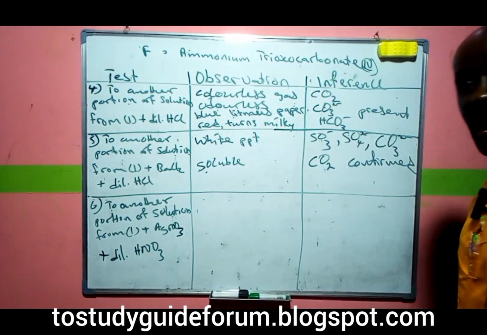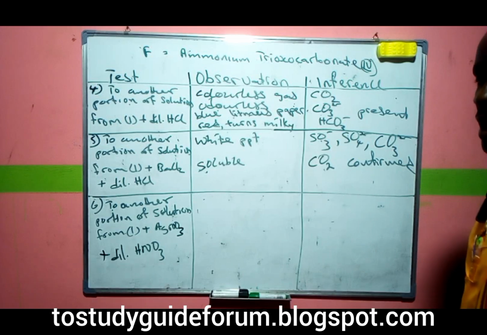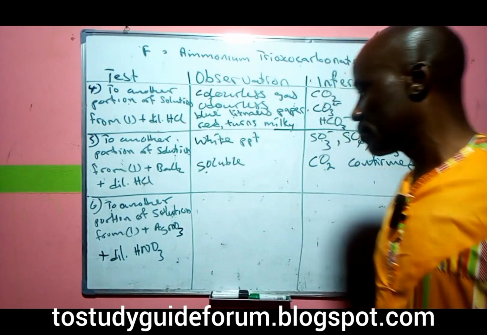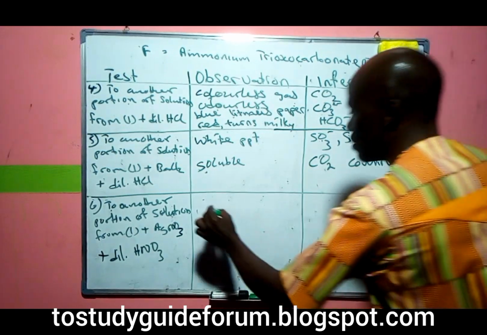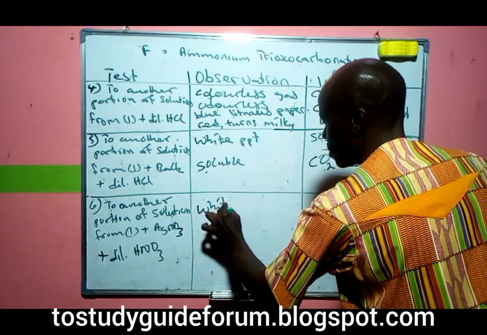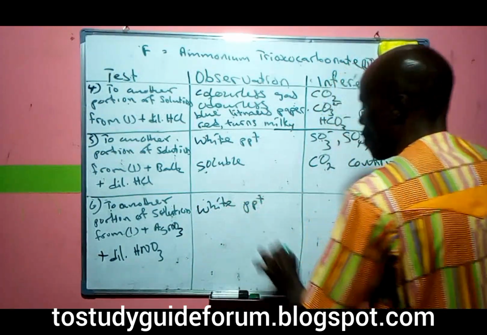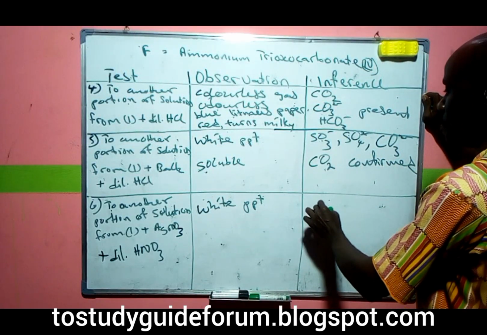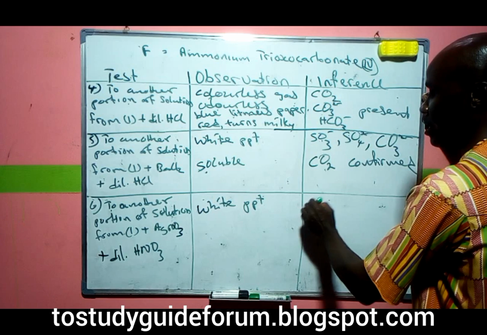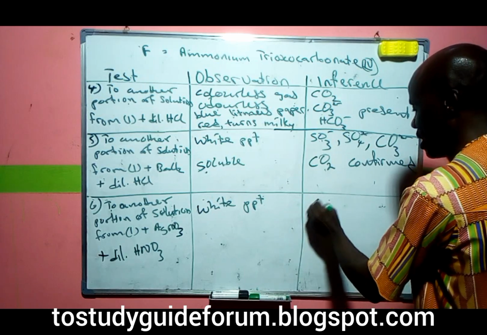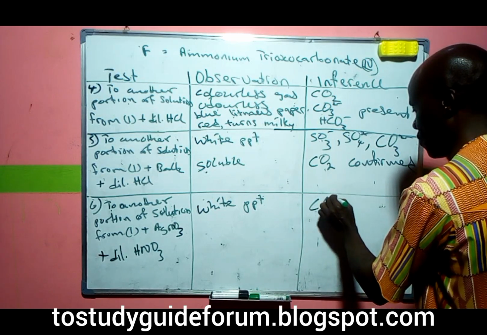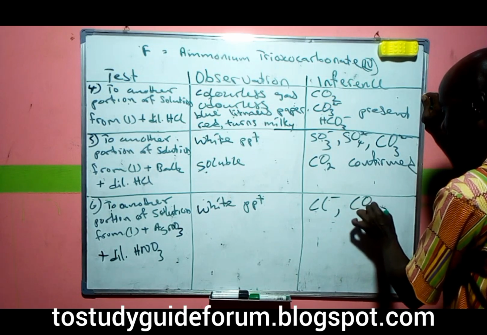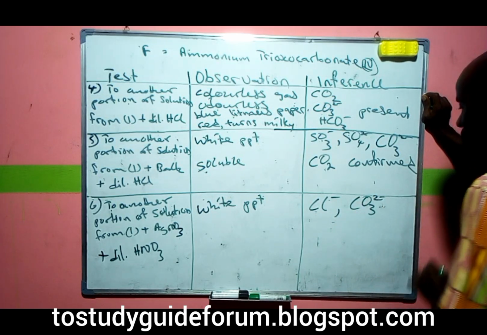Add silver trioxonitrate 5 solution to it, and you have a white precipitate, which could be the white precipitate of chloride ion or trioxocarbonate 4 ion.